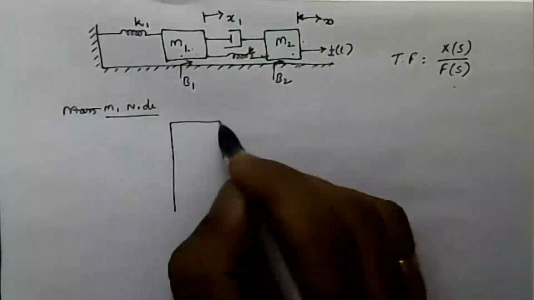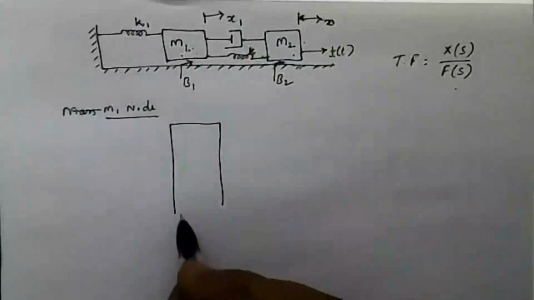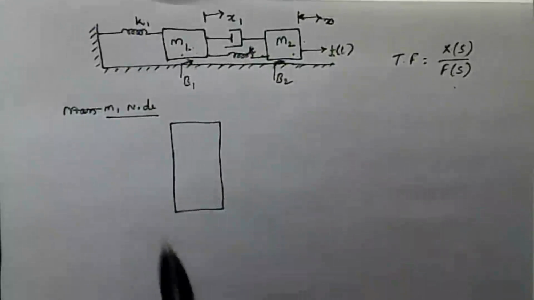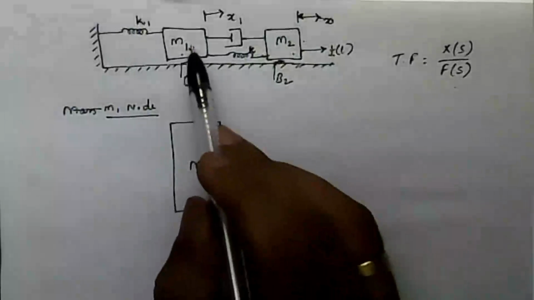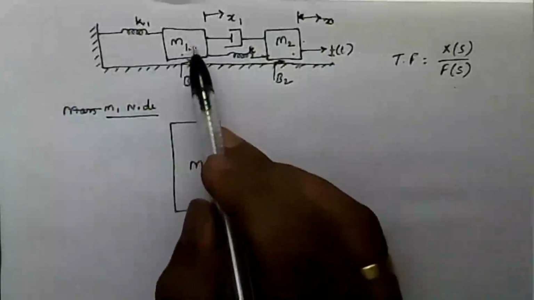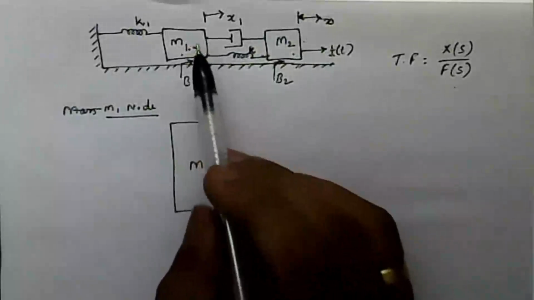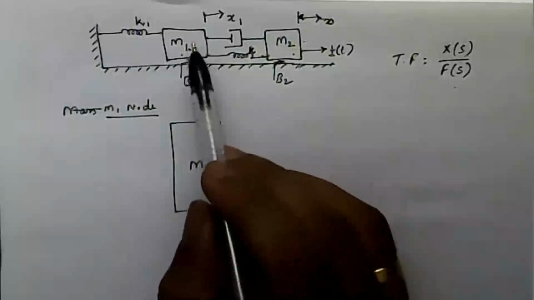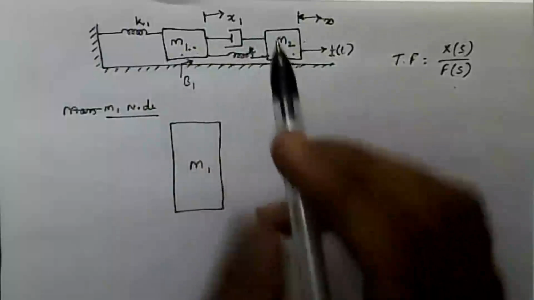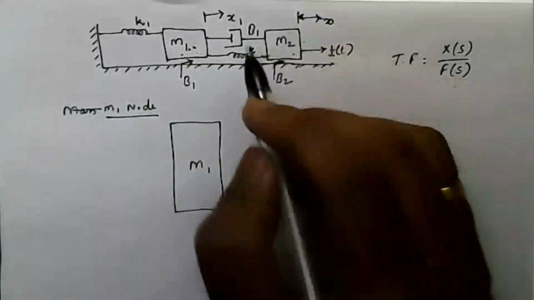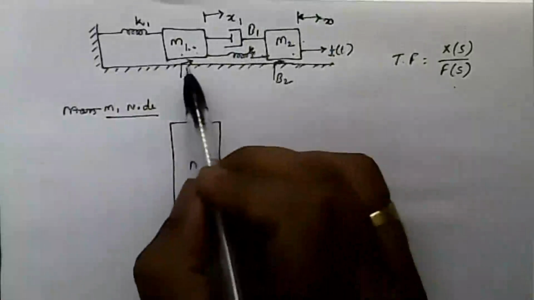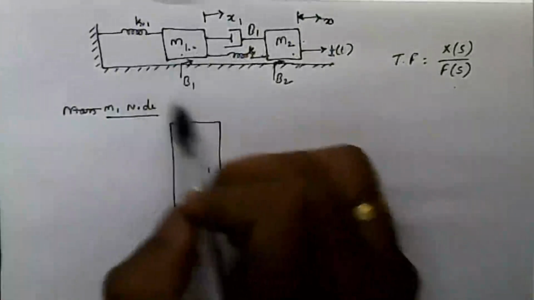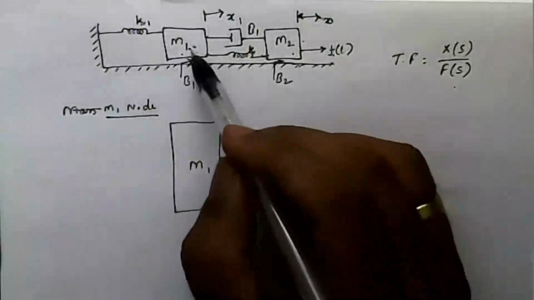The free body diagram is the block, showing the forces acting on this body. The opposing forces acting on the mass element are: one due to the mass element itself, then due to the dashpot element B1, the spring element K1, and then B and K. These elements are directly connected to this mass element.